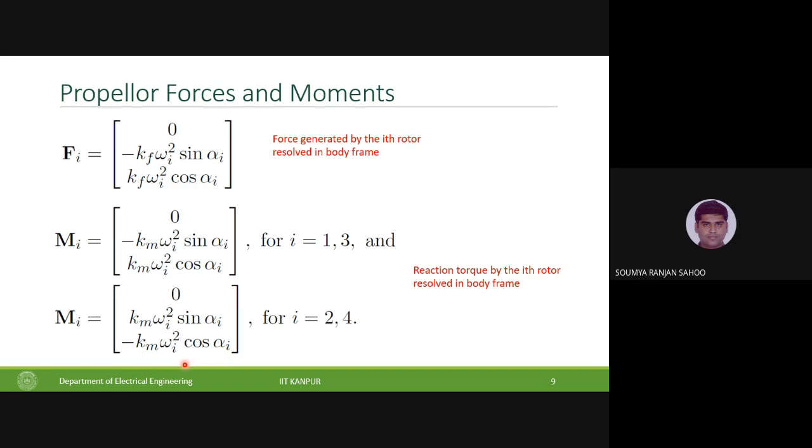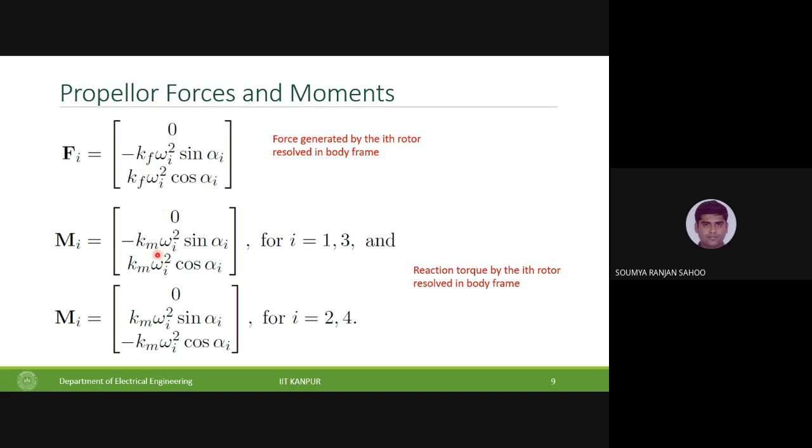Okay, it has components. So this is how the individual forces, moments, and reaction torques get resolved. There is a slight difference as far as the rotors are concerned because of the axis labeling. There is a change in plus or minus sign. Now you see here the forces are dependent on omega_i squared, where omega_i is the angular speed of the rotor, and k_f is basically the proportionality constant.